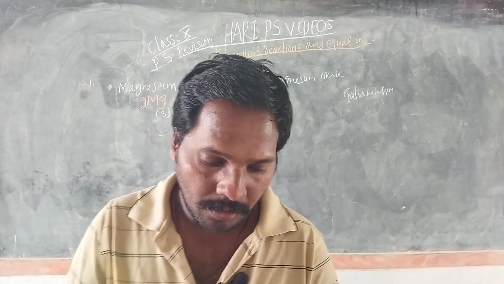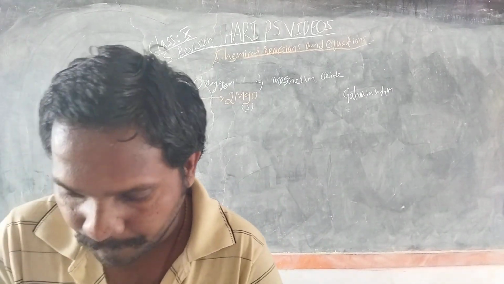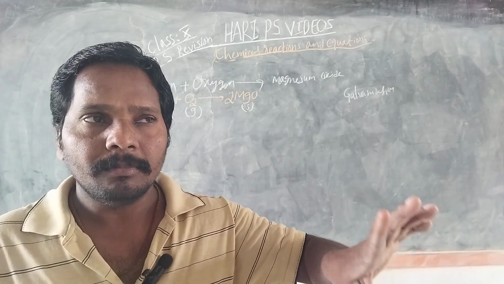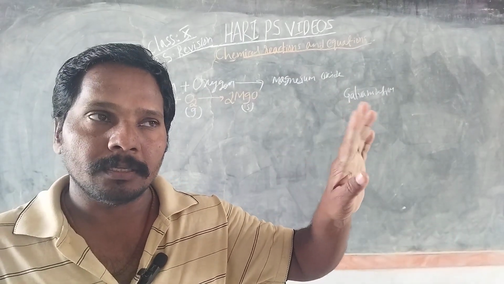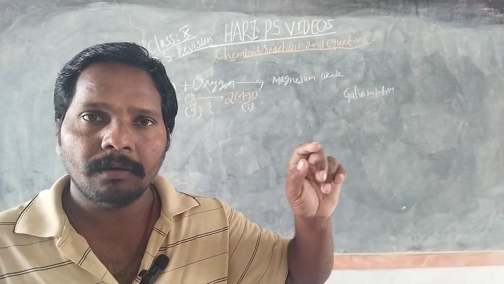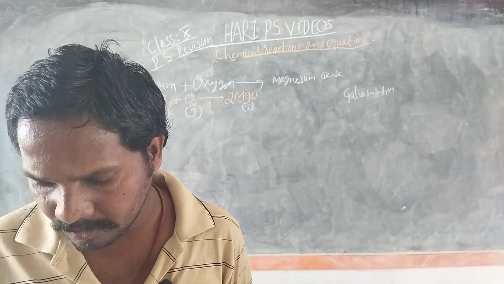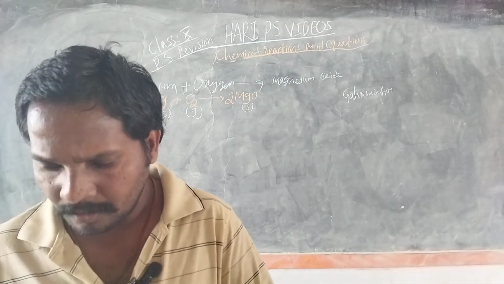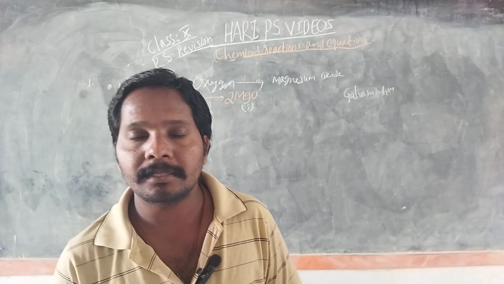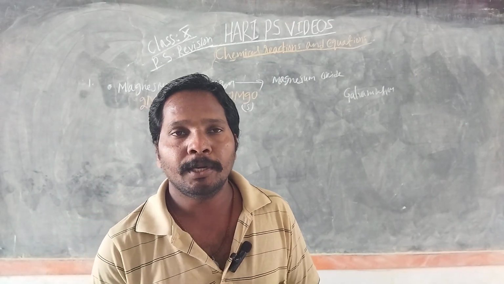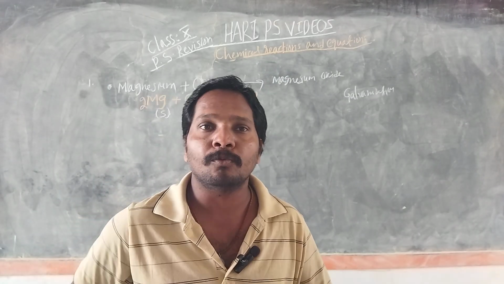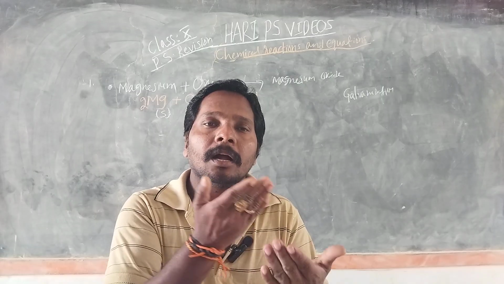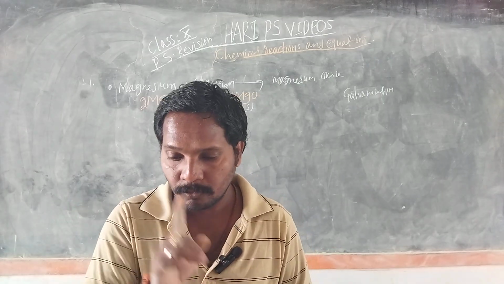Corrosion and rancidity we discussed. Suggest one method: painting, oil, grease, galvanization, electroplating. One more question also given. Why do we paint on iron articles? For preventing corrosion of iron. One more question.